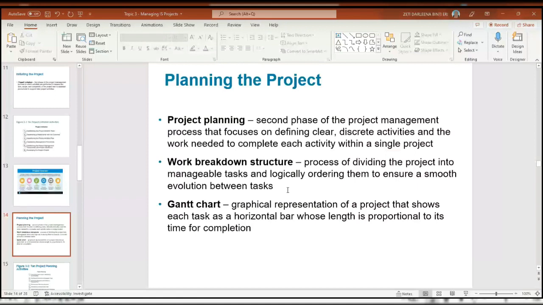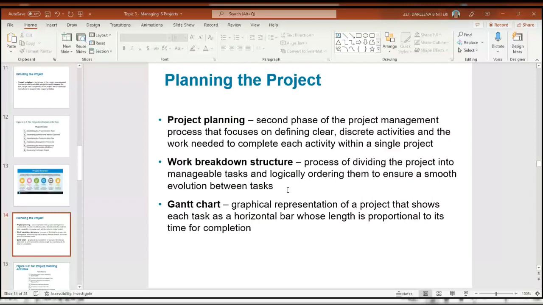So work breakdown structure ni is an important activity dalam project planning ni, fasa project planning ni, sebab kita nak divide it into manageable tasks and we don't want to miss any possible task yang kita miss tu kita nak elakkan. We must identify all the important tasks, manage them and audit them.